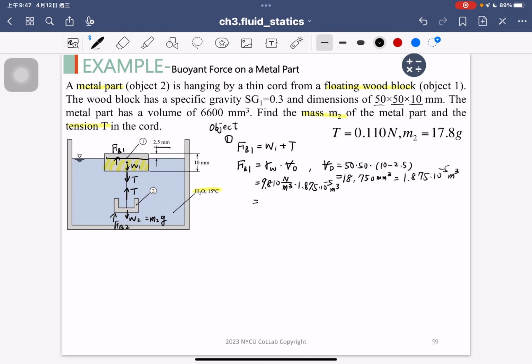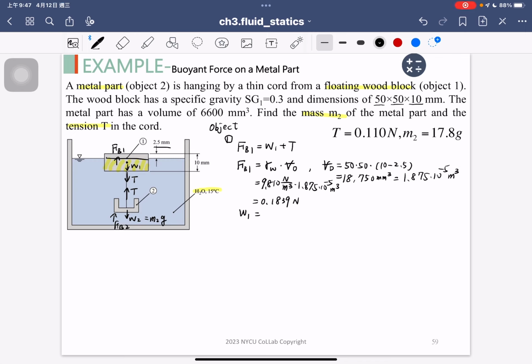So you can compute your buoyant force here, which is equal to about 0.1839 Newton.